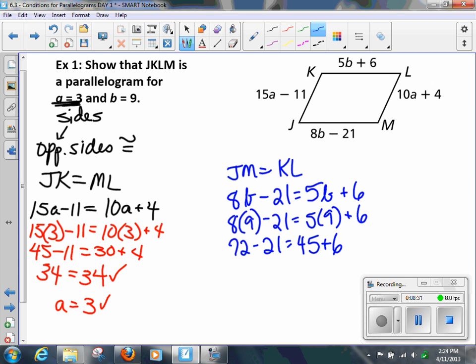Figure out if this is right, folks. 72 minus 21. That's 51. And what's 45 plus 6? That's 51. So that works out. So that means B is equal to 9. Did we show that for this parallelogram, A is equal to 3 and B is equal to 9? Yeah, we did. Is this really any different? What did we do yesterday? With this problem, what would we have done yesterday?